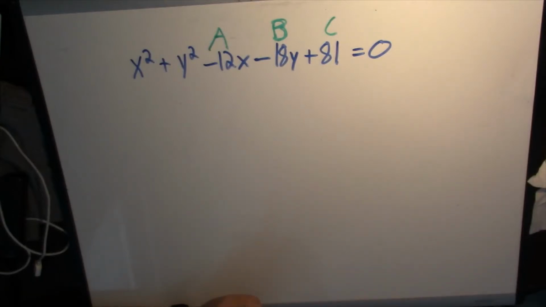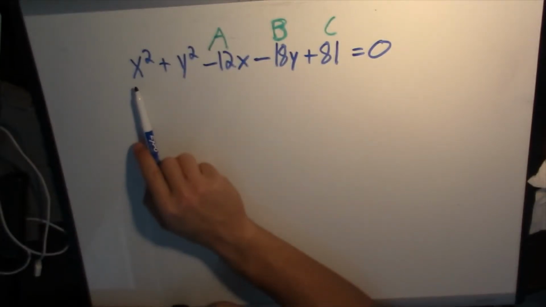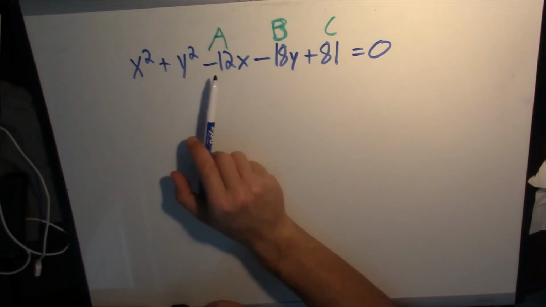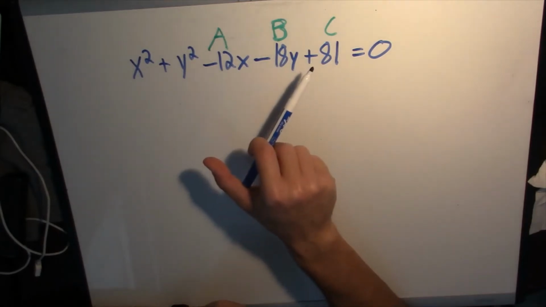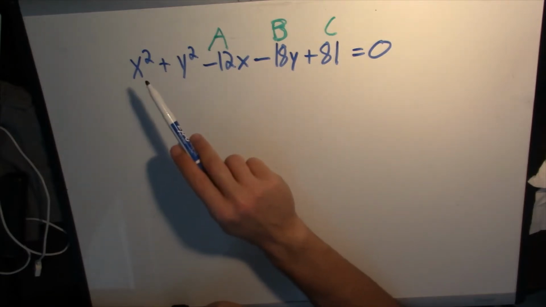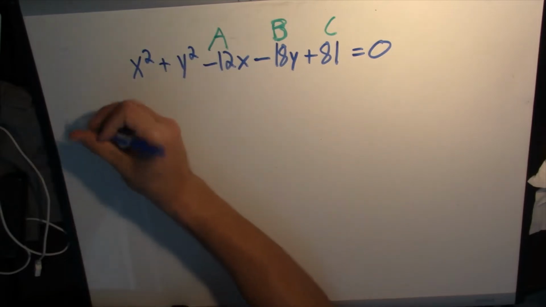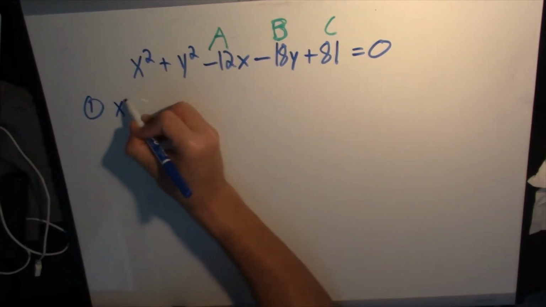step 1 says rearrange the equation to put the x's together and the y's together. So we want anything that has an x. We have two things that have an x, two things that have a y, and one has nothing. We're going to put the x's together and the y's together. So step 1, I'm taking my x's, so I'm rearranging the equation.